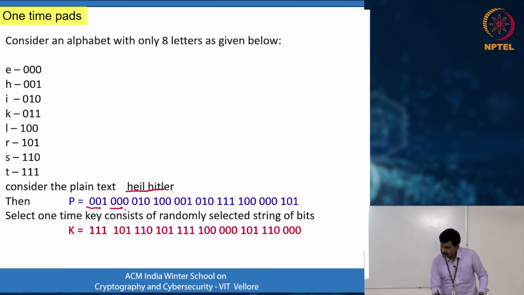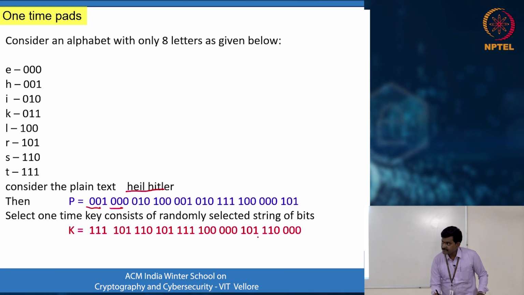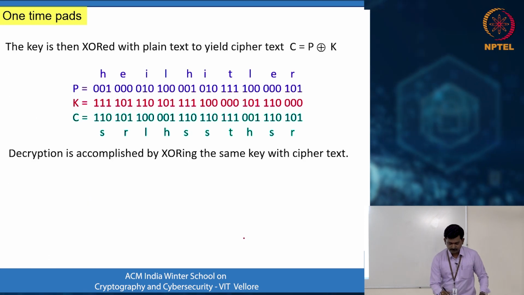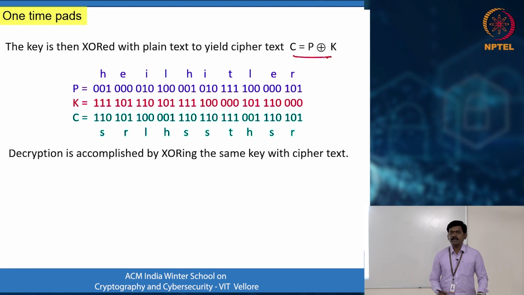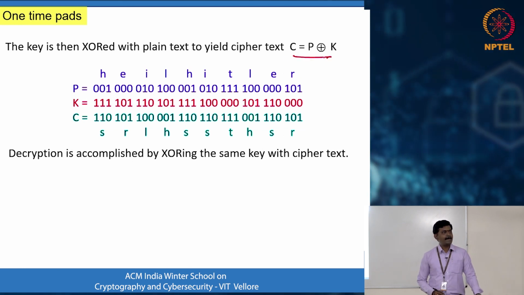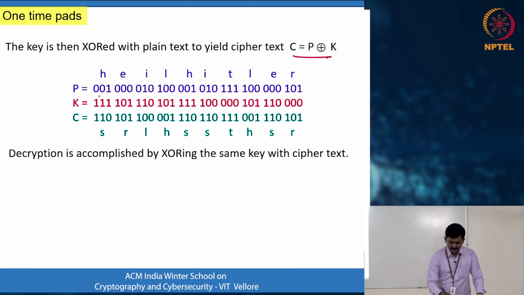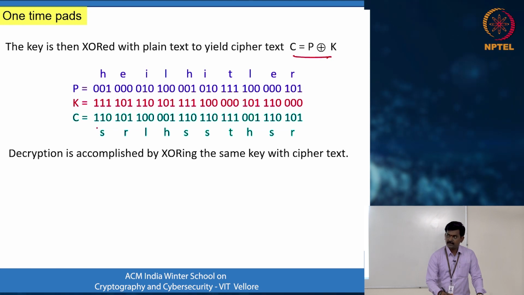This is my plain text and this is my key; I produced it randomly. Then how do I do encryption? Perform only P XOR K, so 0 XOR 1, so P XOR K strings.